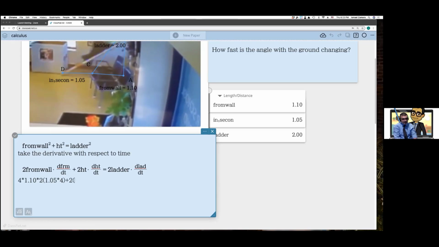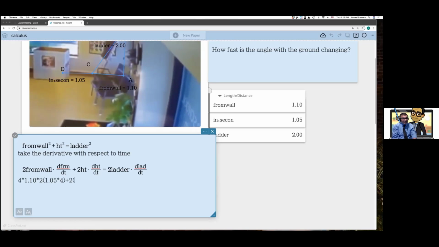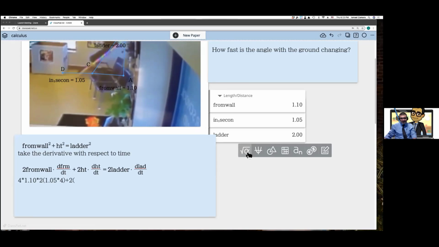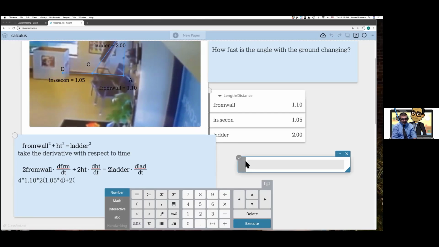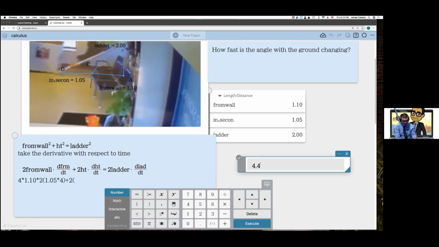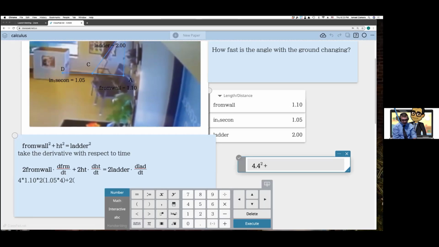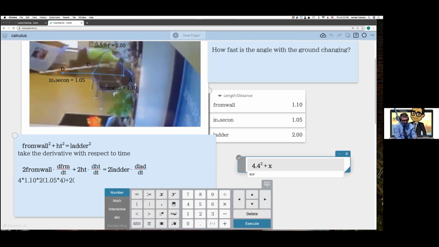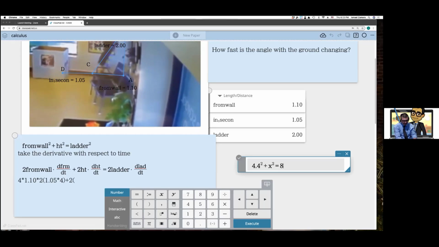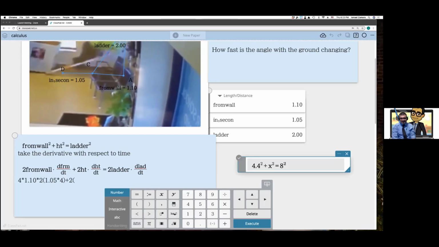2 times the height of the ladder that goes up, which I don't know, but I could use some Pythagorean theorem. So let's use some Pythagorean theorem here. So I got 4.4 squared. That is the along the wall, or along the floor, plus x squared equals the ladder squared, which is 8 squared. And again, remember, I'm multiplying everything by 2 to get these distances.